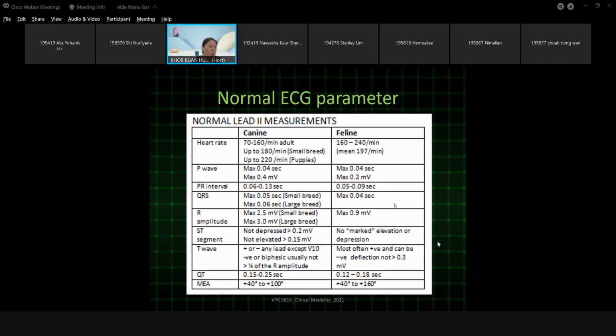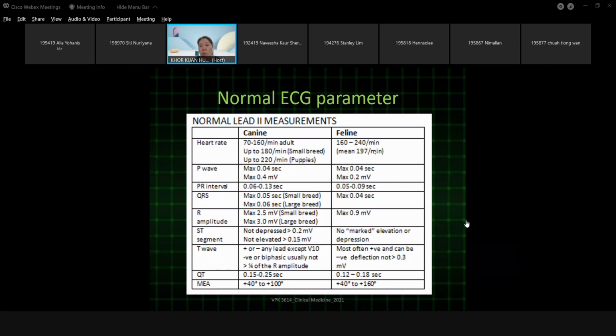Okay, so how do we read the ECG line? All of them are just lines, but because of the boxes and everything, we are then able to calculate them. You need to know the normal heart rate for adult dogs, puppies, small breeds, and cats.